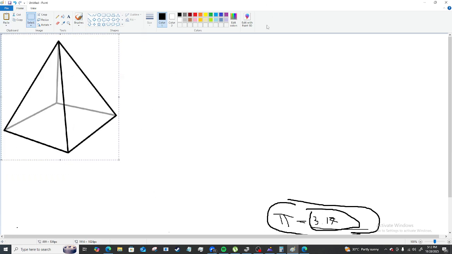This is our square pyramid. Now we will solve this. Formula for the volume is 1/3 sides squared and height. Yes, that's the formula for square pyramid.